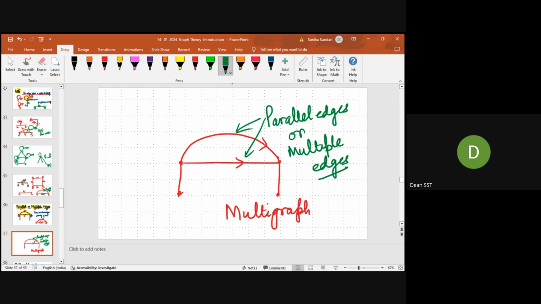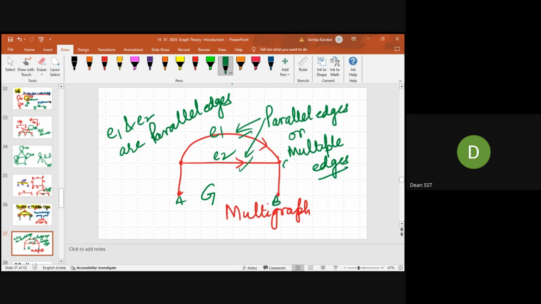These are parallel edges like E1 and E2. So E1 and E2 are parallel edges. Suppose this is a graph G with vertices A, B, C, D. This graph will be known as a multi-graph, because parallel edges are also known as multiple edges.